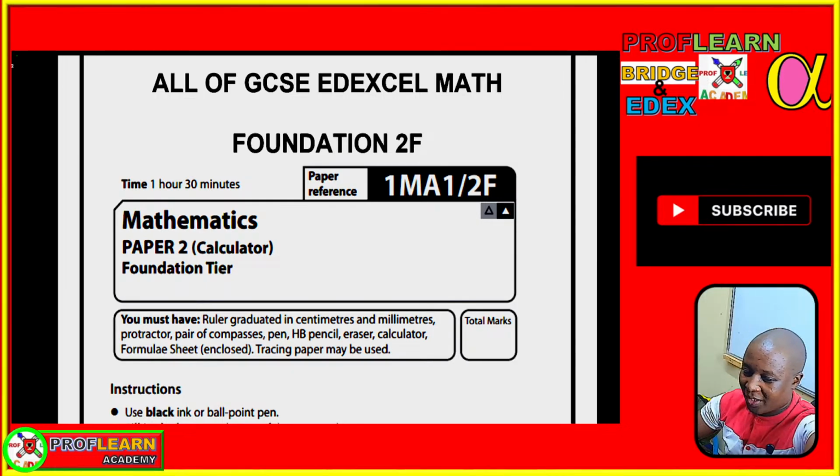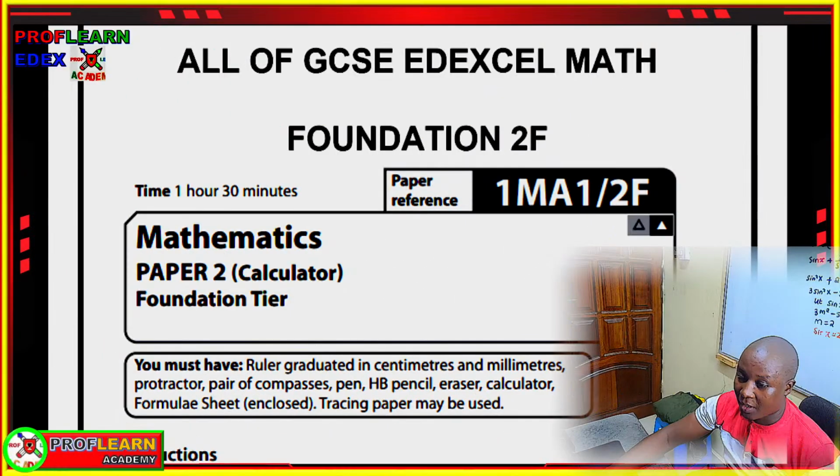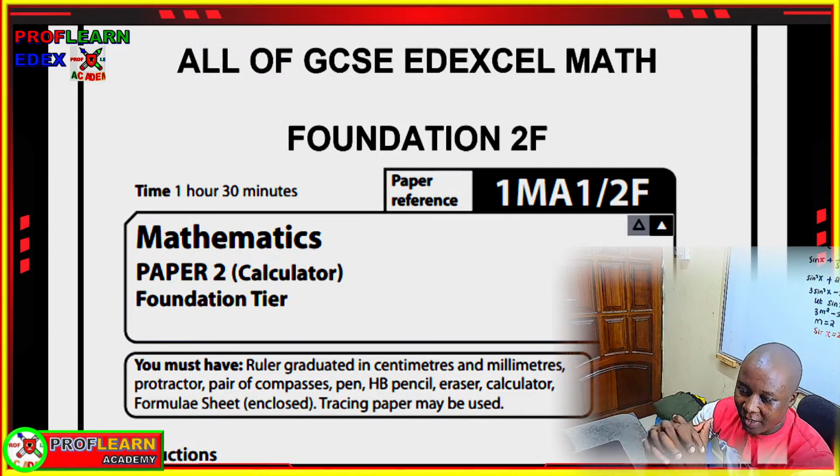I would like to bring to your attention that this paper is a prediction of what I think can be tested, the main topics that you should prepare as far as the foundation paper is concerned.